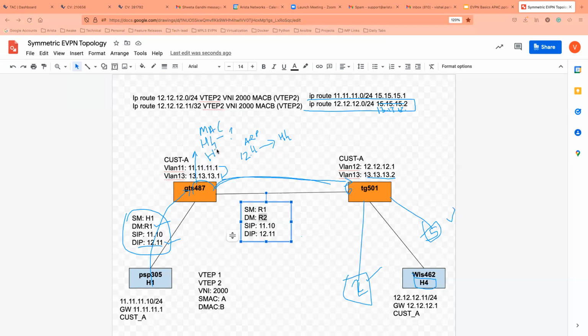No. To forward the packet, what you need to know is only the next hop MAC. As long as you know that to send the packet to 13.2 the MAC address is R2, I'm fine, right? I don't need to learn the MAC addresses of all the hosts in the different VLAN 12 behind this other VTEP. Agree, right?